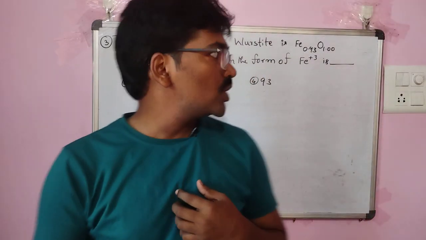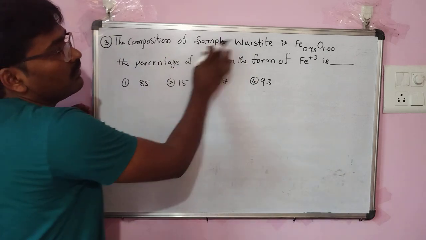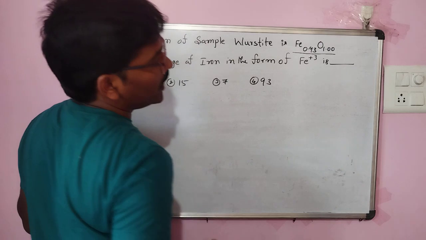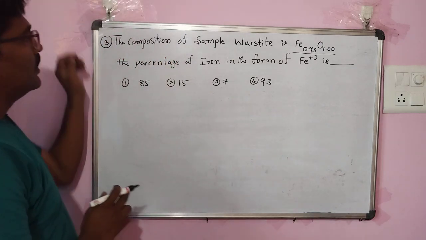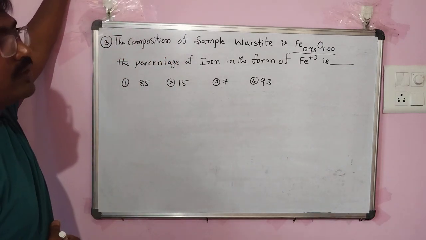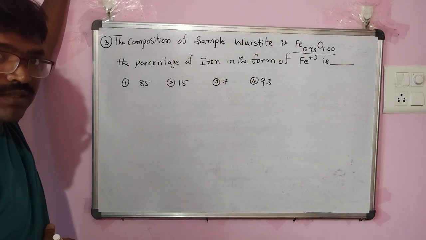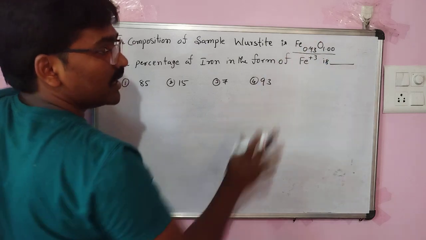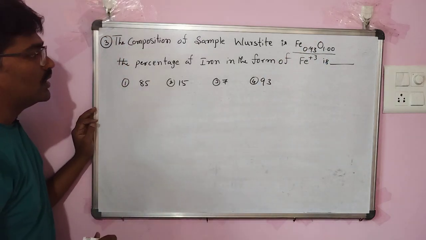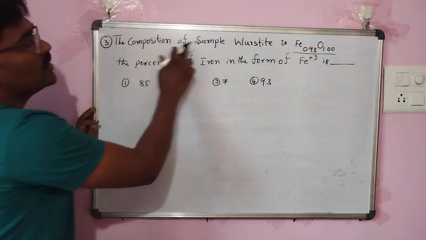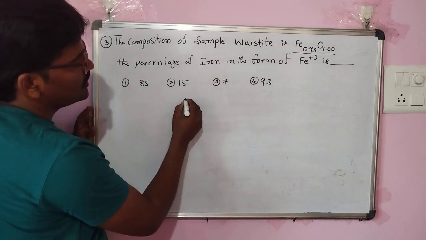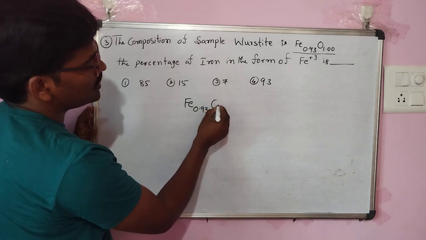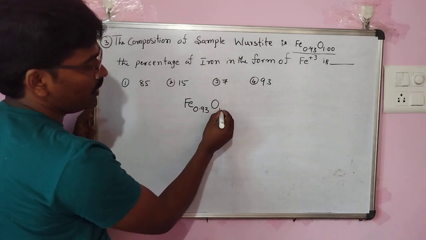The composition of a sample of Wurtzite, that is the formula Fe 0.93 oxygen 1.00. The percentage of iron in the form of Fe plus 3 ions is? This is the question. So look at the composition of the sample, how much is given? Fe 0.93, oxygen 1.00.